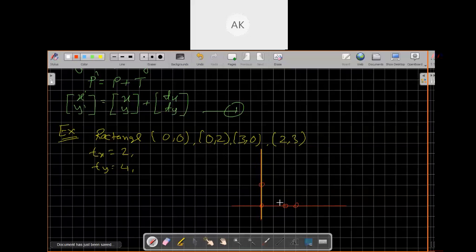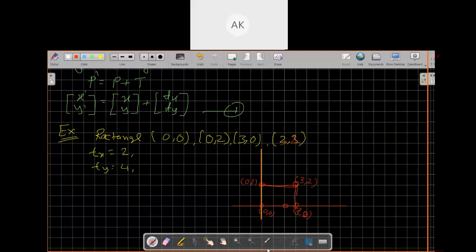Let's draw the actual given rectangle. The first point is 0 0, this, and the second is 0 2, this one. The third point is 3 0, and 3 2 will be here.